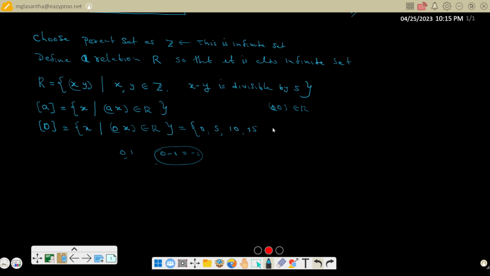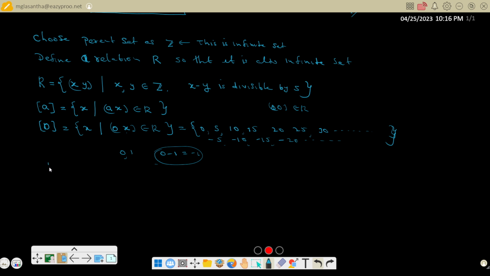So 15, 20, 25, 30, all the multiples of 5, and negative values also: minus 5, minus 10, minus 15, minus 20. All these you can take for this set. So these are multiples of 5.